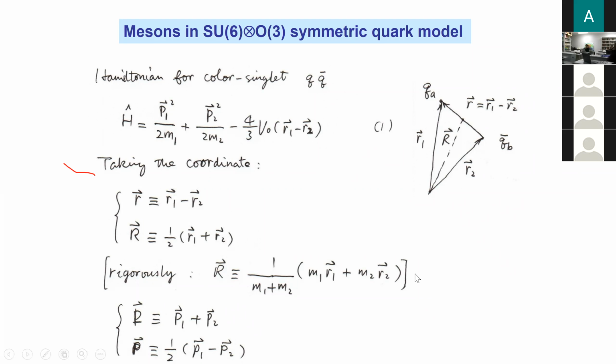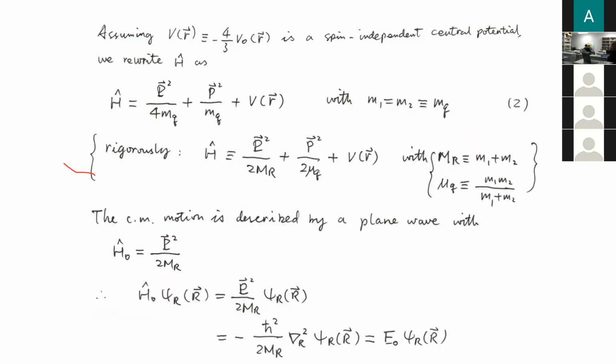You can choose different coordinates to describe the motion. The easy way, of course, is to rewrite the coordinates into internal and center of mass motion, and then we can separate this question into a quantum mechanical question in a central potential.